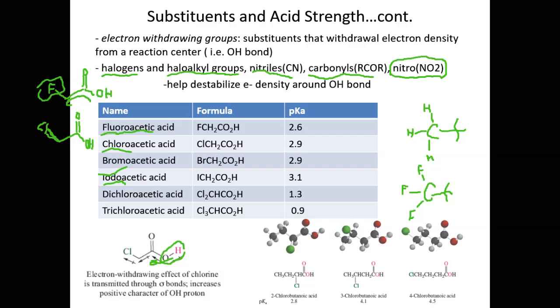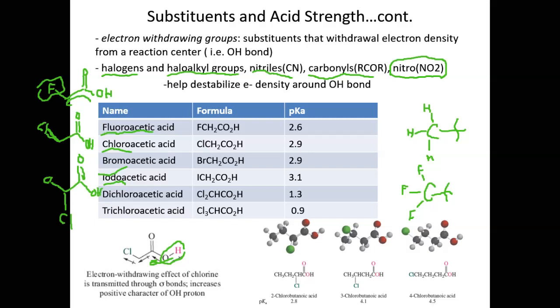Now let's look at dichloroacetic acid. What did we do? We just added another chlorine to it. We enhanced the electron withdrawing effect on the acid. So now we have 2 chlorines, and we went from 2.9 to 1.3.